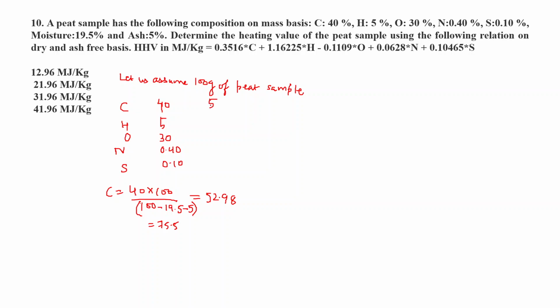Likewise, on dry and ash free basis, carbon content is 52.98%, hydrogen will be 6.62, oxygen will be 39.73, then 0.529 and 0.132. We will not be calculating moisture and ash because it is asked for dry and ash free basis.